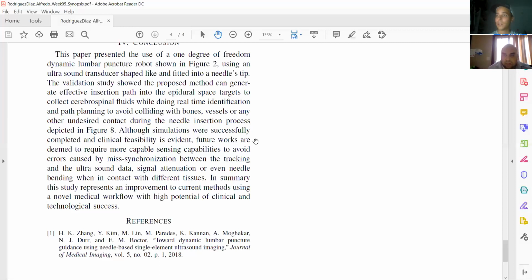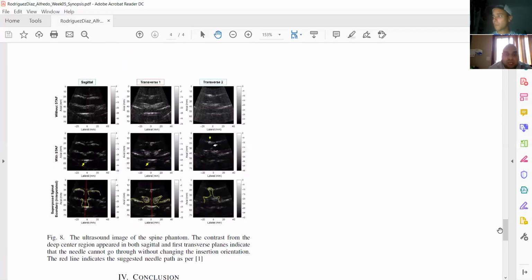So if we use this and we are able to tackle that and make it 99 or higher, that would be a very groundbreaking type of procedure for the medical world. So any questions?